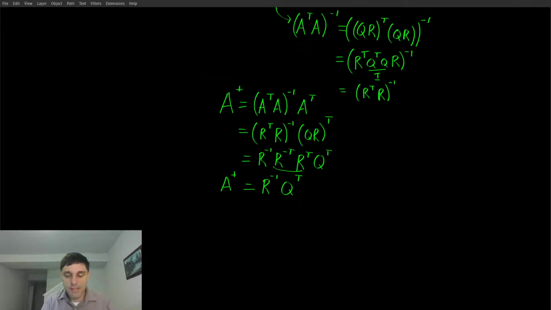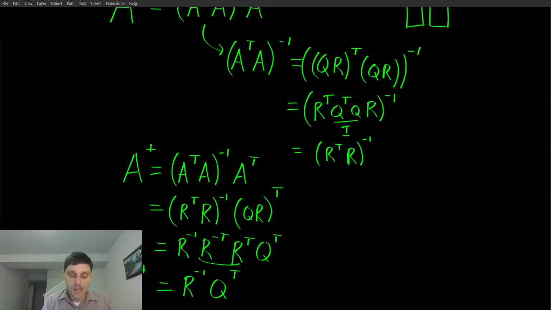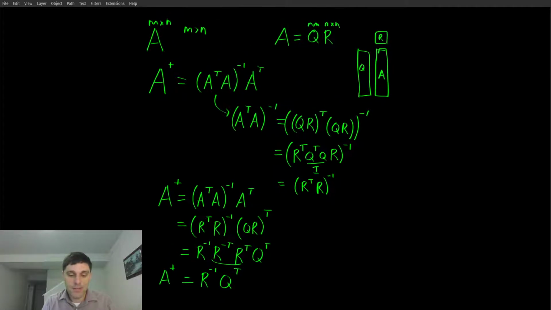This is actually pretty nice, because it means that if we have some matrix A and we're trying to solve a system of linear equations for some x, we can do the QR factorization, and if the columns of A are not linearly independent, then QR factorization will catch it.